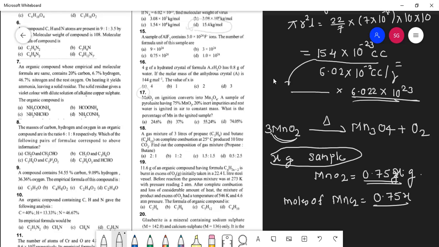MnO2: manganese is 56 and oxygen is 16, so 32. How much do you get? 88. Yes, again count. Is manganese 55 or 56? Check once.